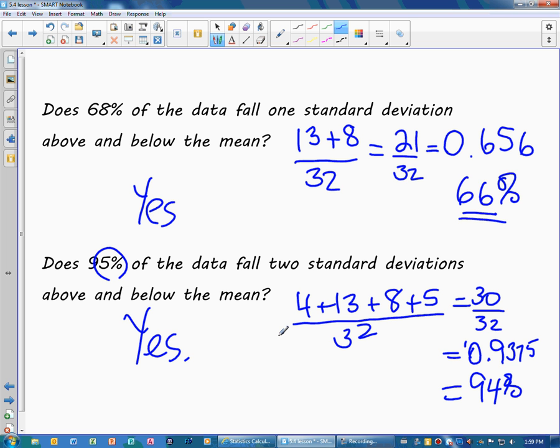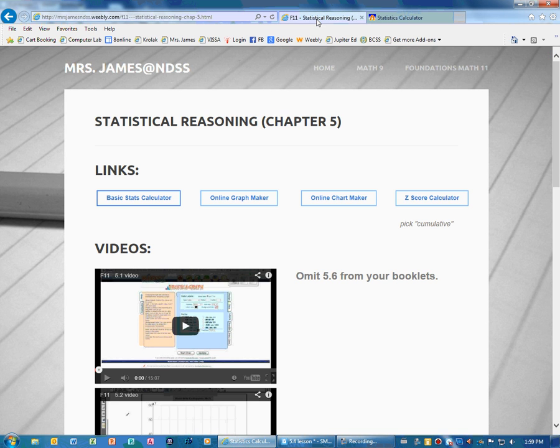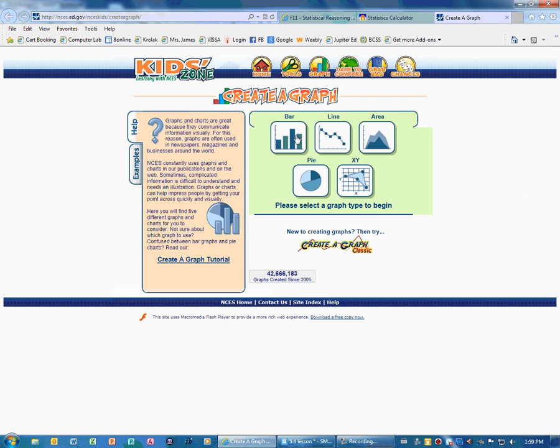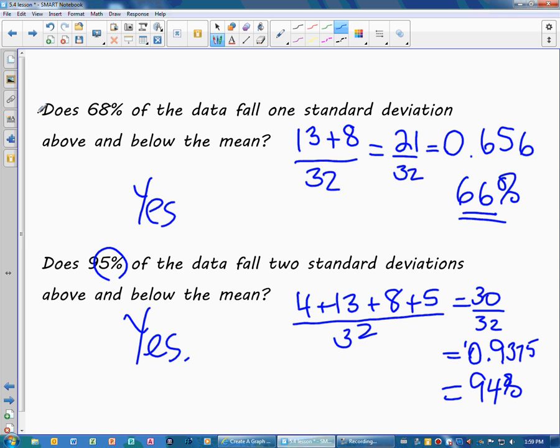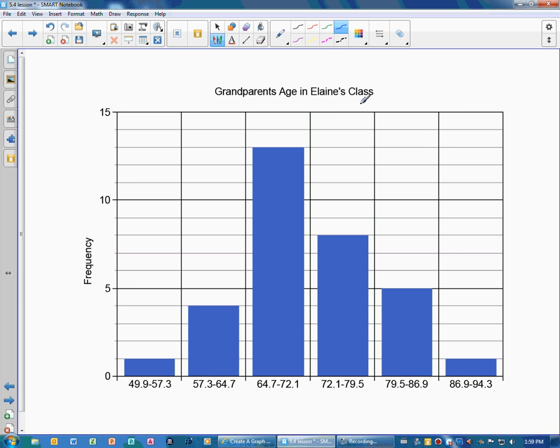However, I just wanted to plot the data on a histogram. So I went to the online graph maker to make a histogram, and I plugged in the data, and this is what I got.